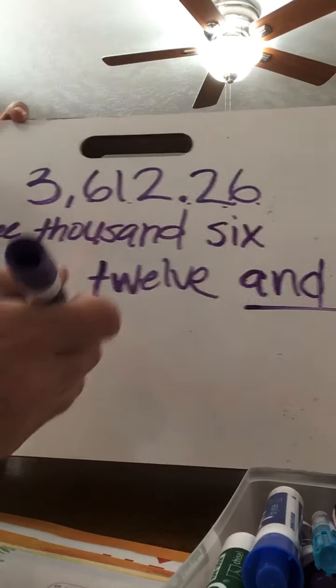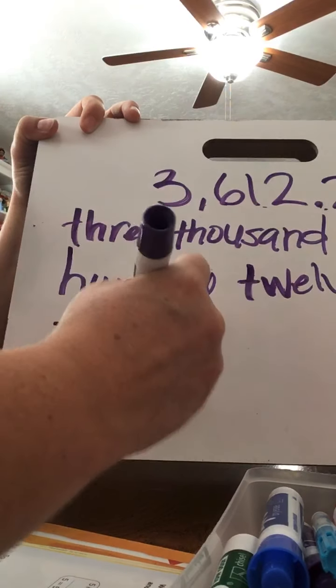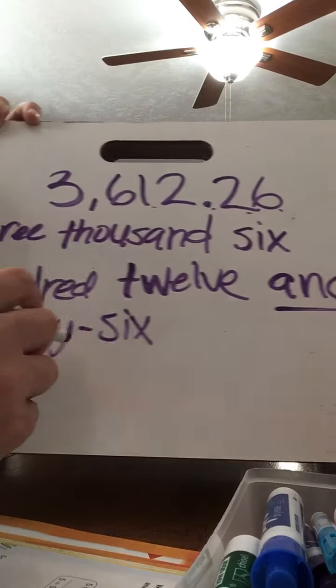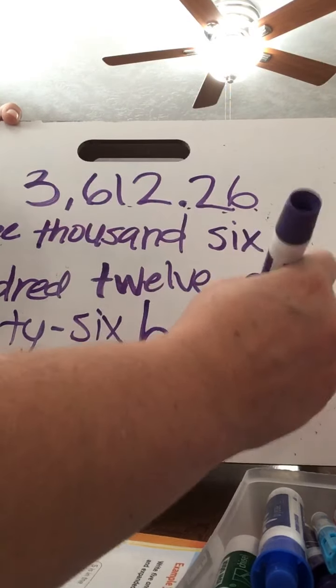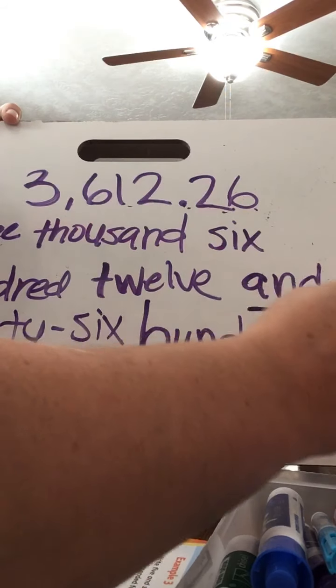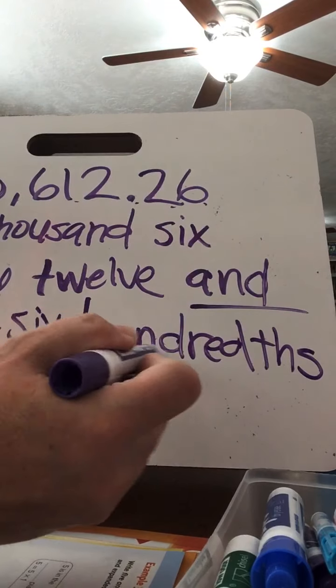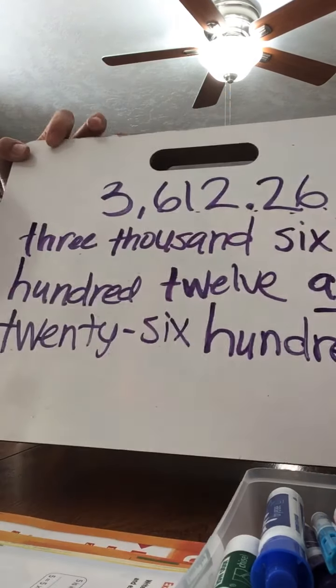And decimal. 26 hundredths. Now, hundredths, don't write hundreds on accident. That decimal place is hundredths with a TH on the end like that. You just literally write down 100, add a TH. And there you go. That would be that number in word form.